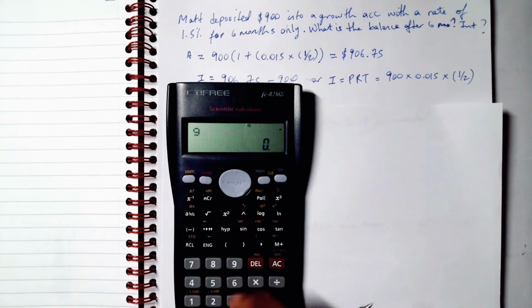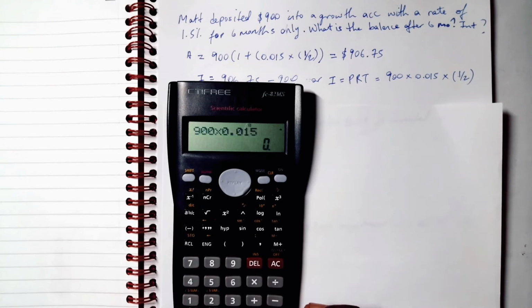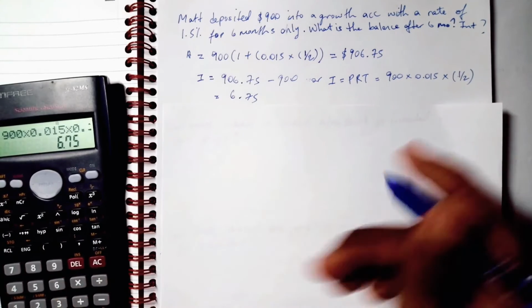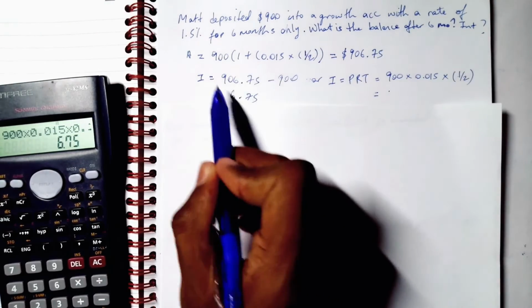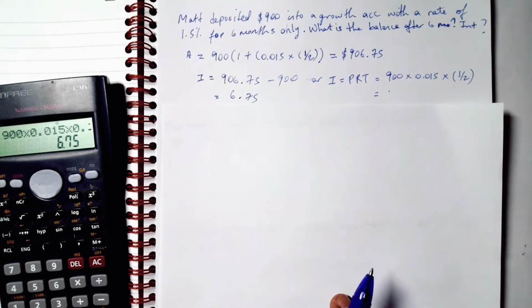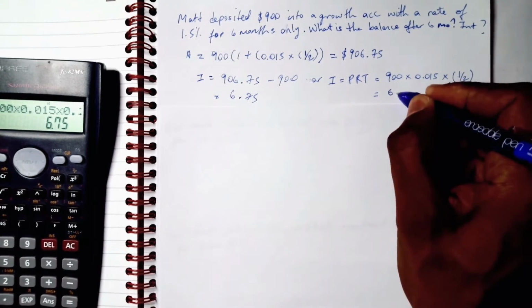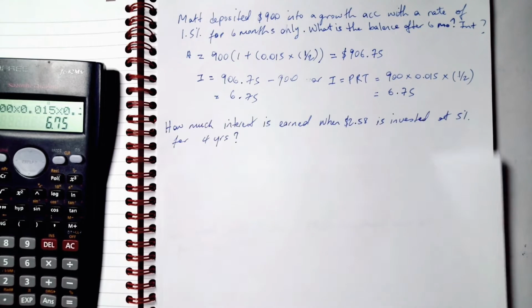This is going to be 900 times 0.015 times 0.5. 6.75. Because the time periods are the same, we can do the subtraction over here. So it's going to be 6.75. That's pretty easy, right? Yeah, we can move on.